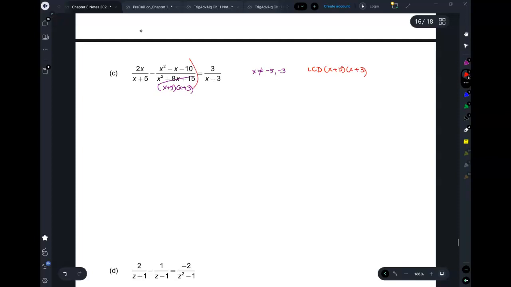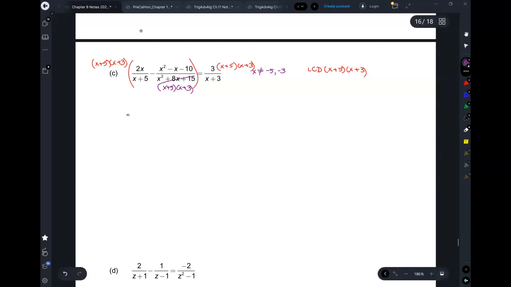So multiply. Here's another way you can do this, but just make sure you don't forget any terms. This is another way of writing it, but make sure you multiply each one by that red LCD.